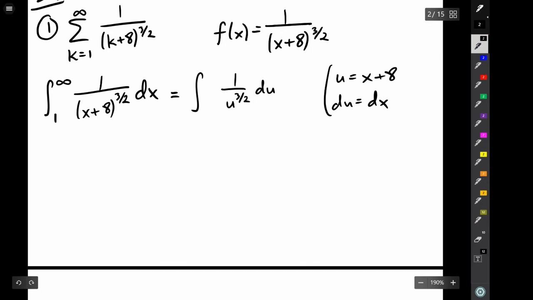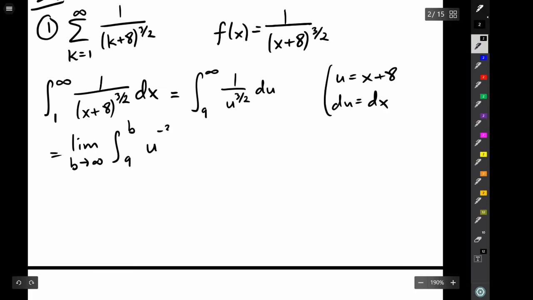Okay? And then the bounds, well, plug in 1 here, and we get 9. Plug in infinity here, or really take the limit as x goes to infinity. And, okay, well, infinity plus 8 is infinity again. Right? So to do this integral, remember, we have to swap the infinity for a limit.